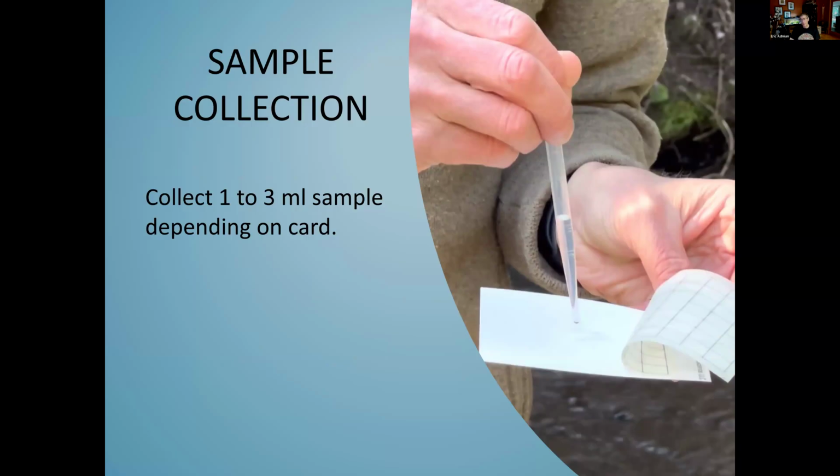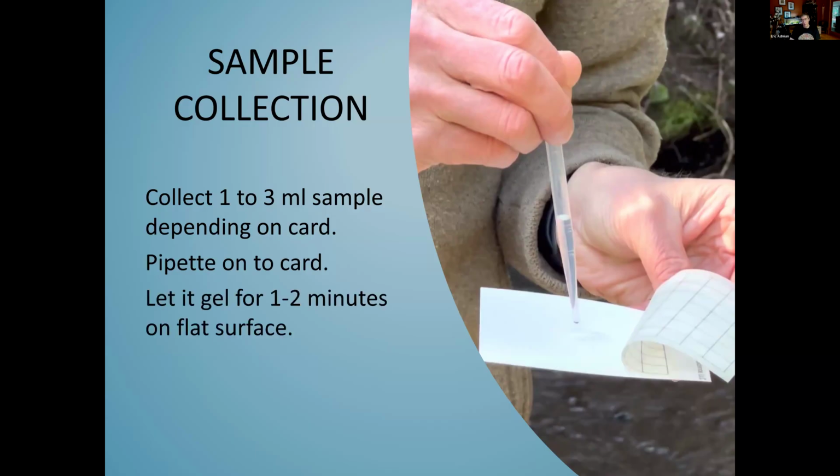So sometimes people choose a slightly smaller sample; I typically do a 2 milliliter sample on a 3 ml card just because it's easier to get the whole sample to stay on the card. So you collect your sample, you pipette it onto the card, let it gel for a couple of minutes on a flat surface, and then transport it back and put it in your incubator.